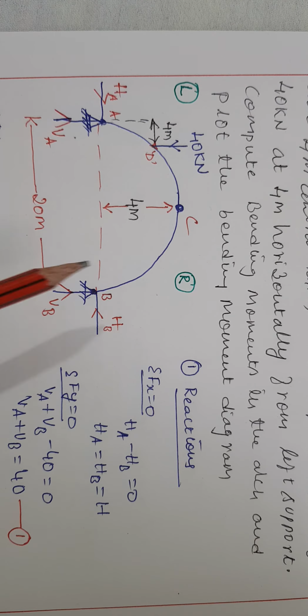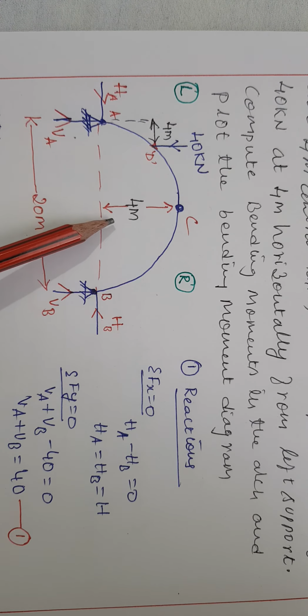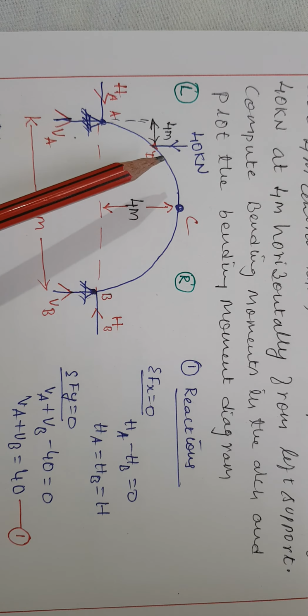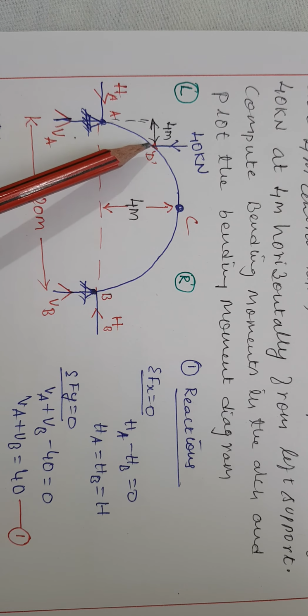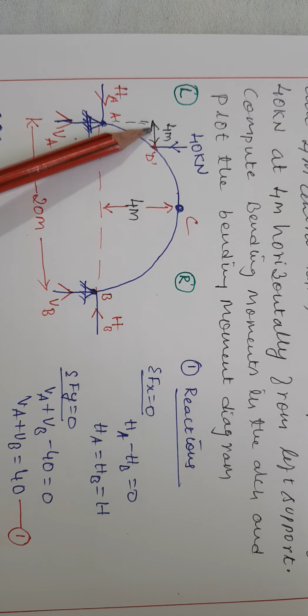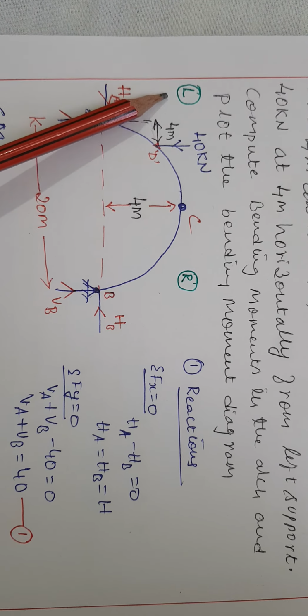meters, that is what they have given, and the central rise is 4 meters. They have also given a point load of magnitude 40 kilonewton, which is acting exactly at a distance of 4 meters from the left support.